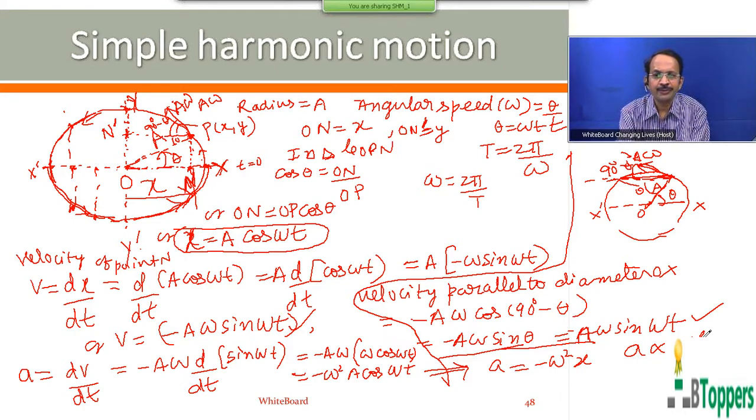As I discussed in the past, the oscillatory motion of a particle can be called simple harmonic motion if its instantaneous acceleration is directed toward the center of oscillation and proportional to the displacement x from the center of oscillation.